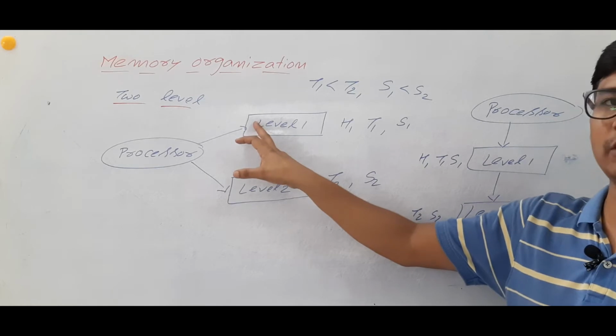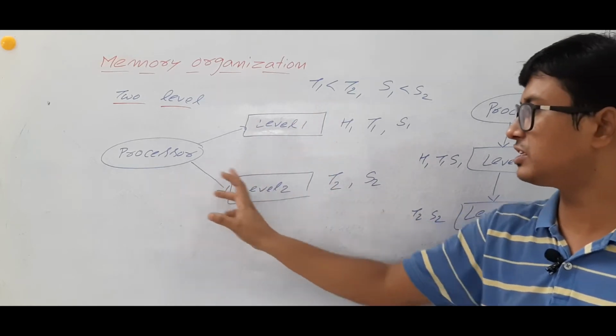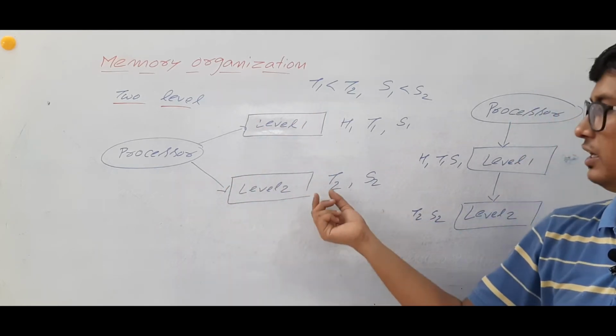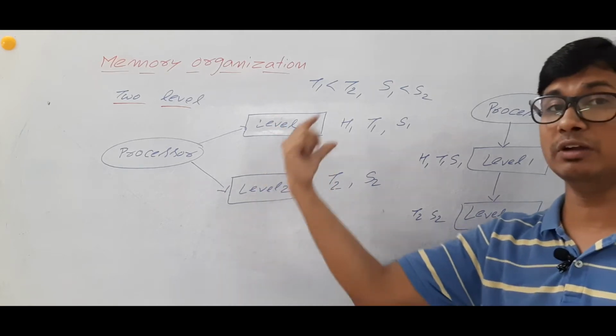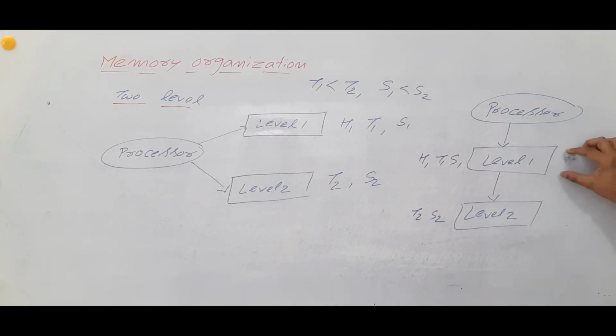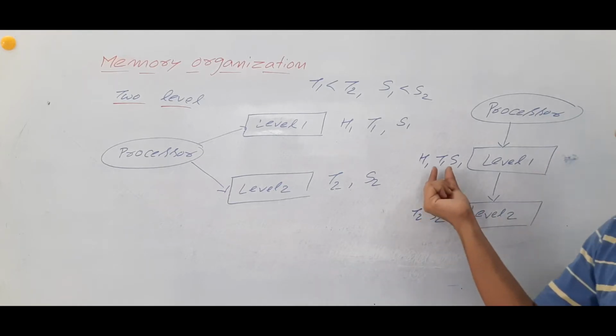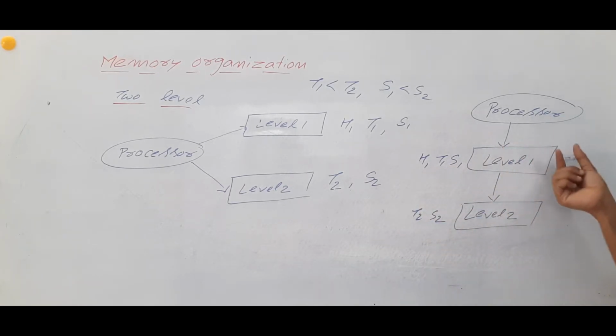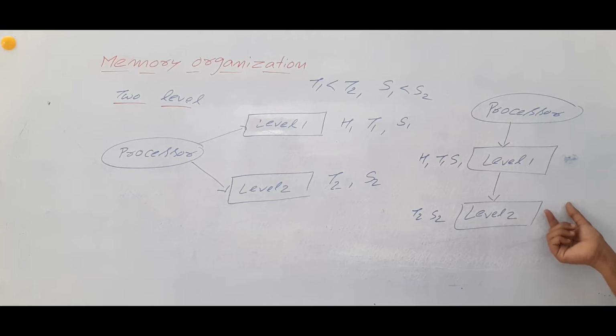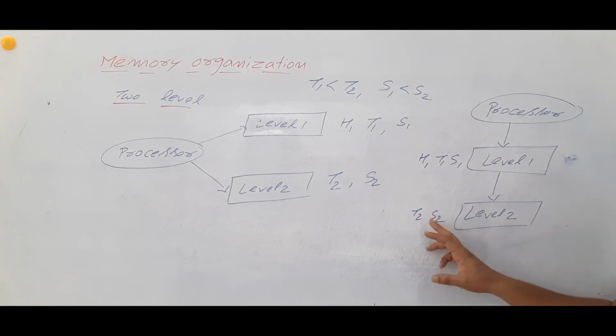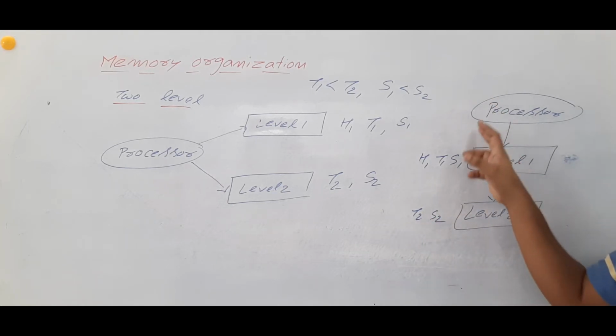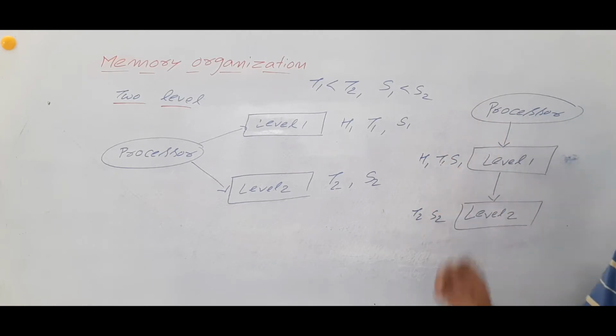So if it is available in level 1, it will take T1 time. If it is not available here but available here, it will take T2, not T1 plus T2. Whereas here, first it needs to search here. If it is not available, the time for searching is T1. If it is not available, then obviously you will search it in level 2. It will be available, but for the searching you will take T2. So total average access time will be T1 plus T2.